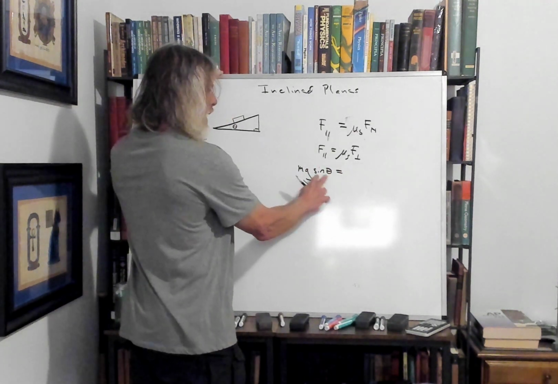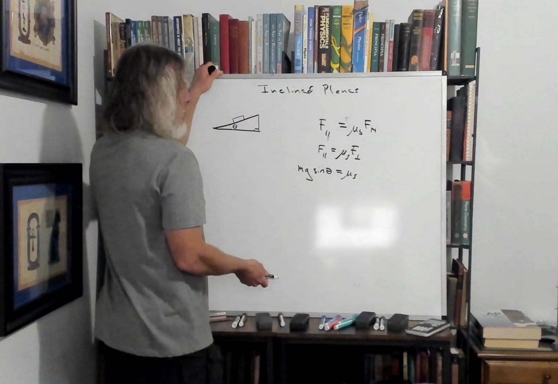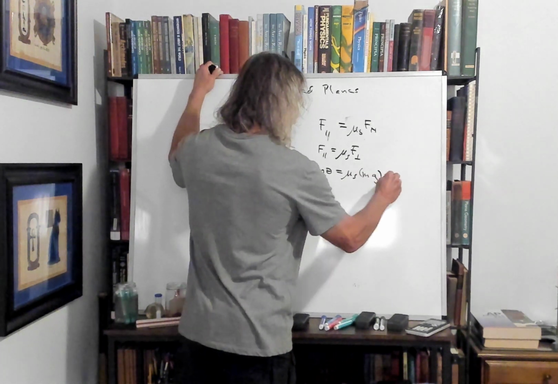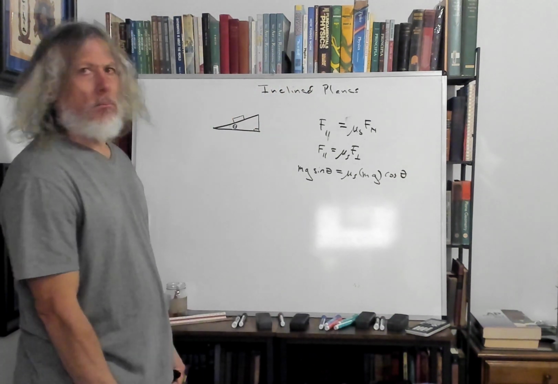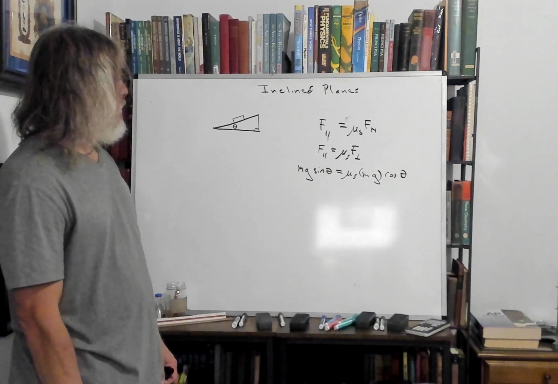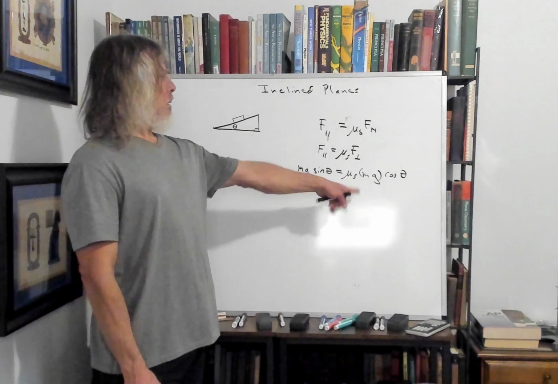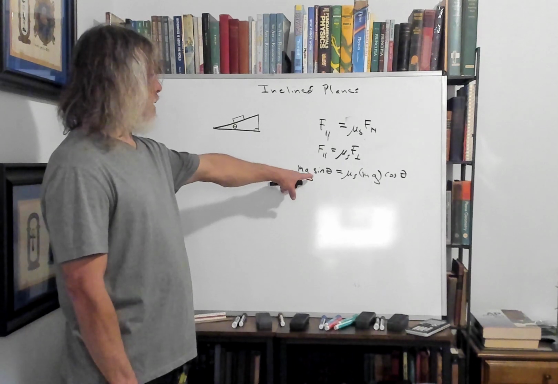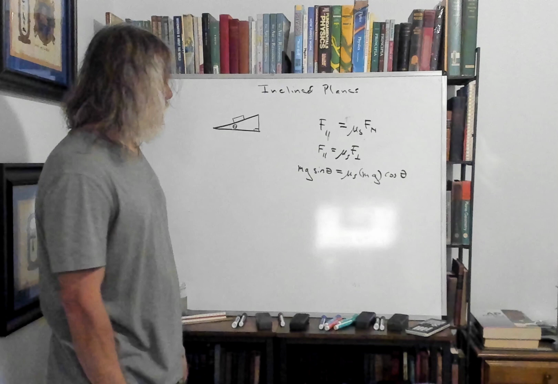It'd be this fraction of the weight. The perpendicular component is another fraction of the weight. So that's just another way of saying the force of friction is just the same as how much the force of gravity is pulling down the incline.